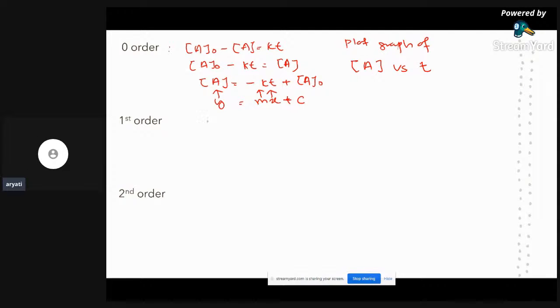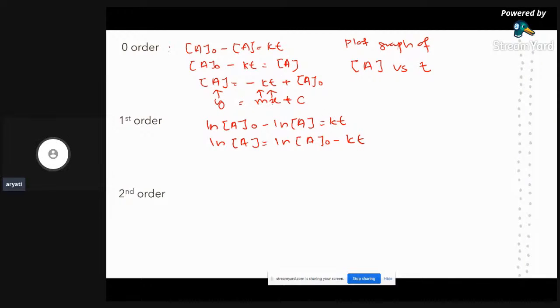For the first order, the integrated equation will be ln A naught minus ln A equal to kt. So ln A will be ln A naught minus kt.